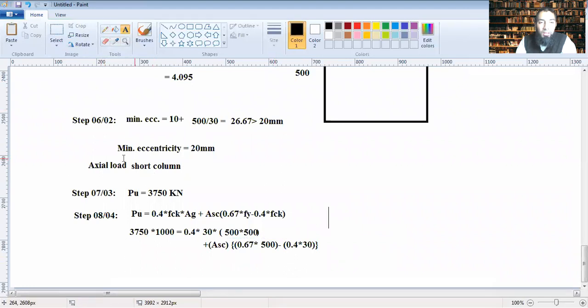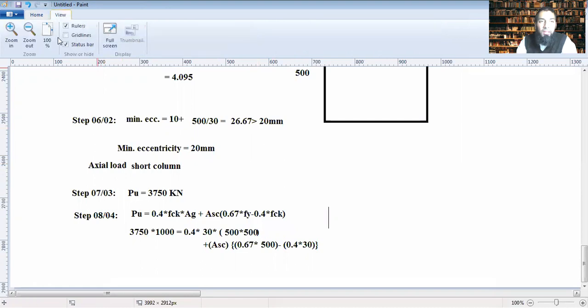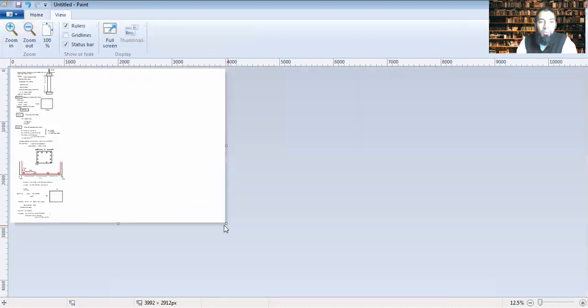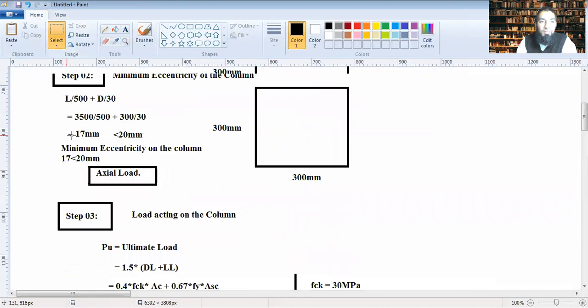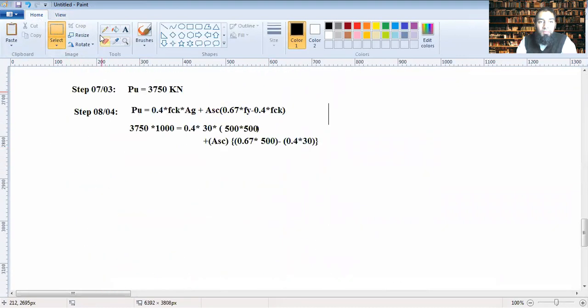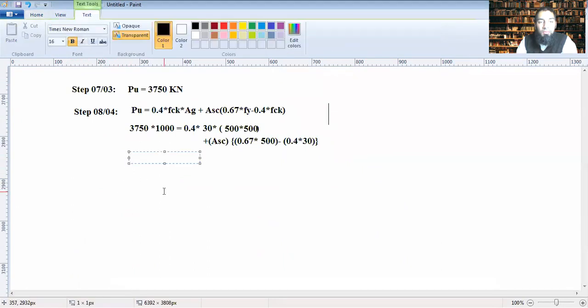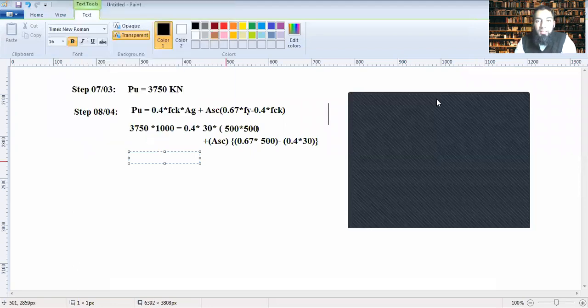Now there was another way to do this. What you could have done is increase the FCK itself. So how much does this come out to be? This is 3750 cross 1000 minus, yes, you calculate the AC.